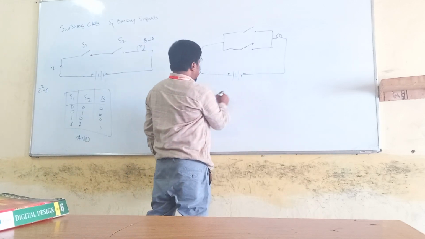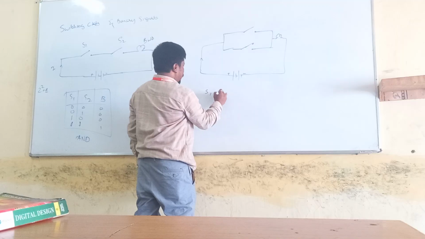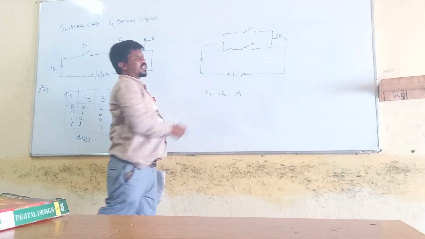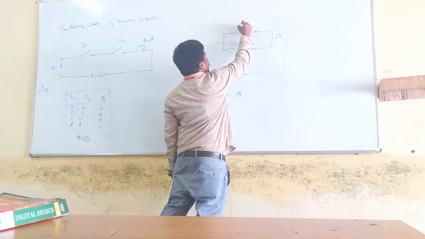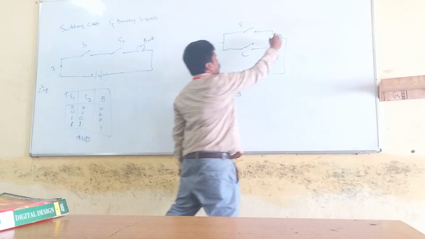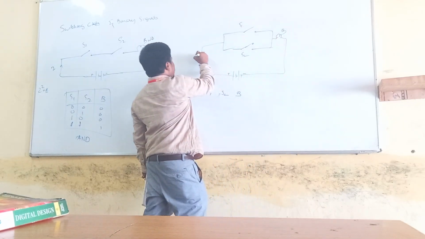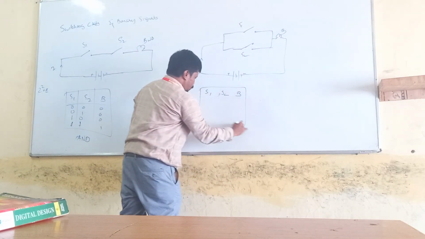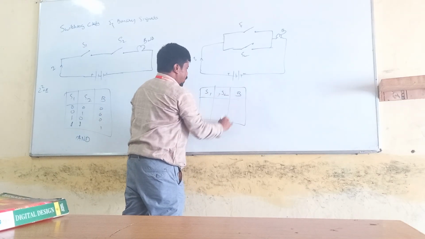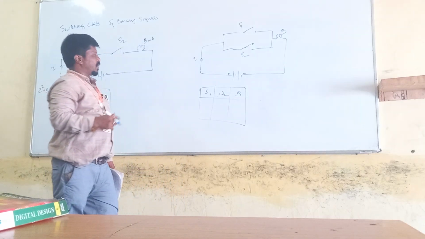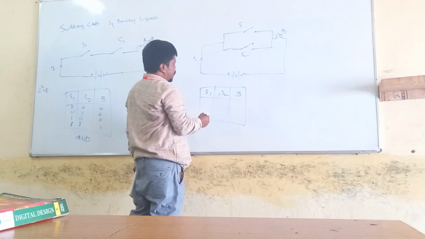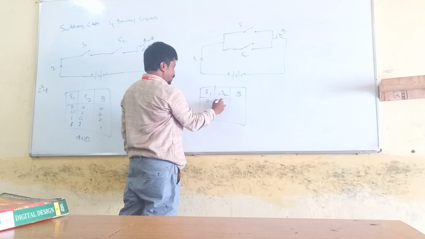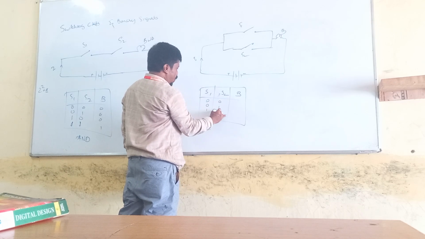So S1, S2, then the bulb. The two switches I have here are S1 and S2, and the bulb is also here. Current is flowing here. This is the battery. Yes sir? Then I put everything together in the truth table: 0 0, 0 1, 1 0, 1 1.